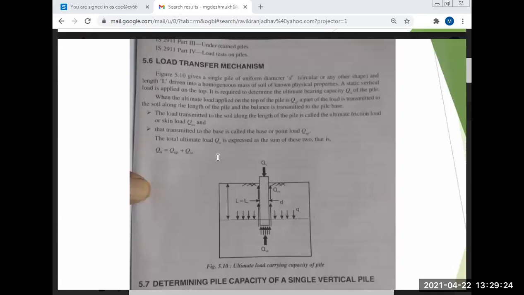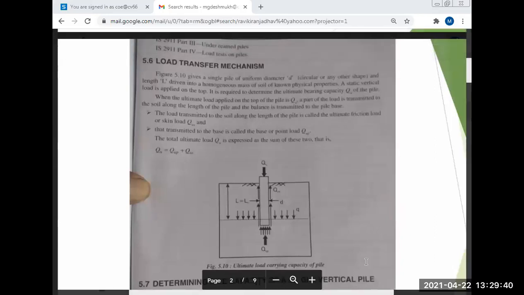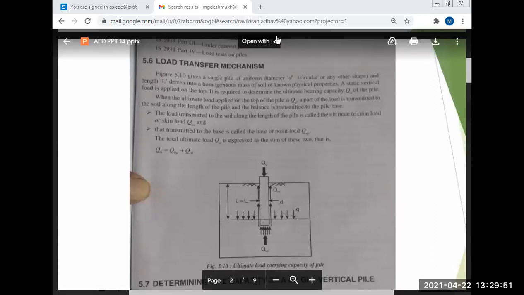Therefore, ultimate bearing capacity QU is equal to QUP plus QUS. और QS को आप QF भी लिख सकते हैं.